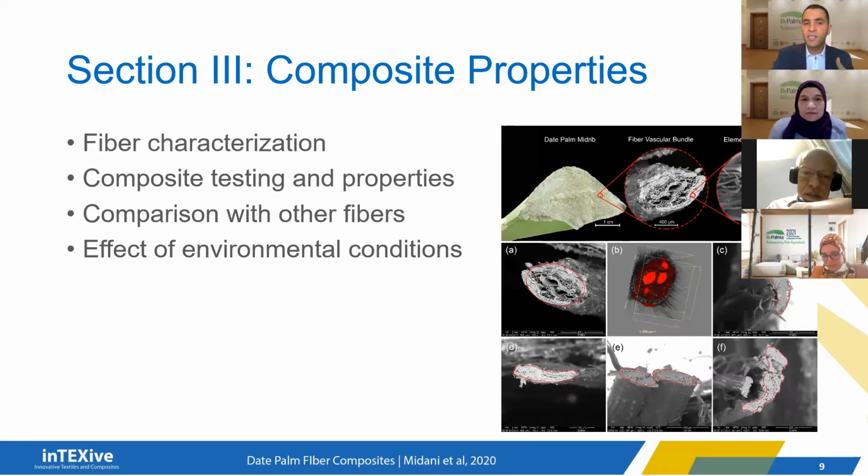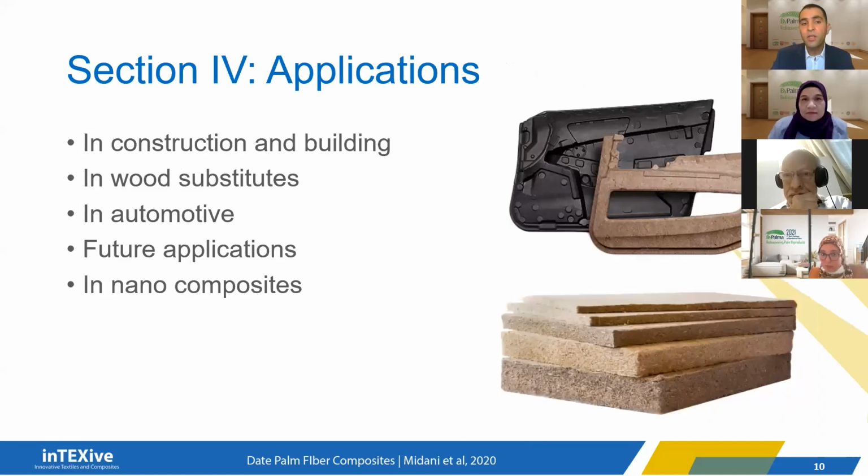The third section is on date palm fiber composites and their properties. It includes chapters on fiber characterization, date palm fiber composite testing and properties, a specific chapter that compares date palm fibers with other commonly known fibers, and a chapter on the effect of environmental conditions and how date palm fibers are capable of resisting harsh environmental conditions.